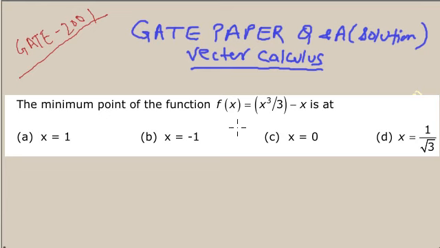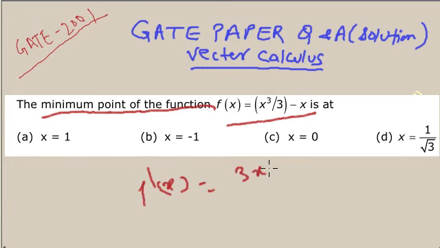This is another question. You are required to find the minimum point of the function. For the minimum point, you are required to differentiate with respect to x. So f dash x is equal to 3x squared divided by 3 minus 1 is equal to 0.